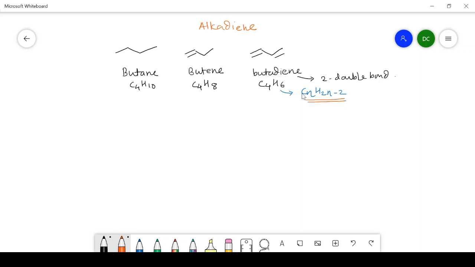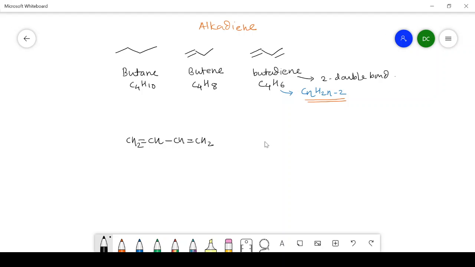Now, these alkadienes can be named according to the IUPAC nomenclature, and in IUPAC nomenclature, the longest carbon chain is chosen as the parent hydrocarbon. So we will take an example. Here I will write CH2 double bond CH, single bond CH, double bond CH2.